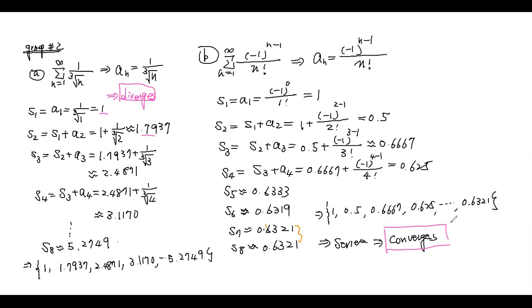Right now we just use partial sums. We eyeball it: problem A is obviously getting bigger, so it must diverge. In problem B, the partial sums seem to be very close to 0.6321, so maybe it is converging. That's why the problem says it appears to be convergent. We have many different methods later, and we're going to practice how to mathematically prove a series is convergent or divergent.